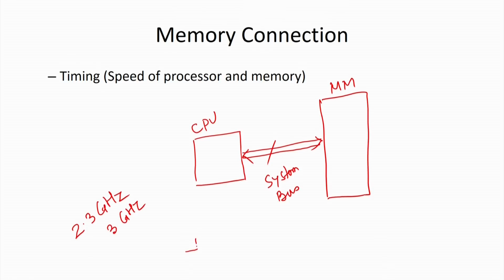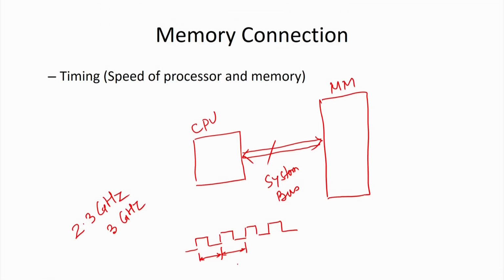What will happen? We have a continuously running clock, and this is the time period of this particular clock signal. During this clock pulse, we are going to perform some job or some micro operation. Then in the next clock cycle, we perform the next one.